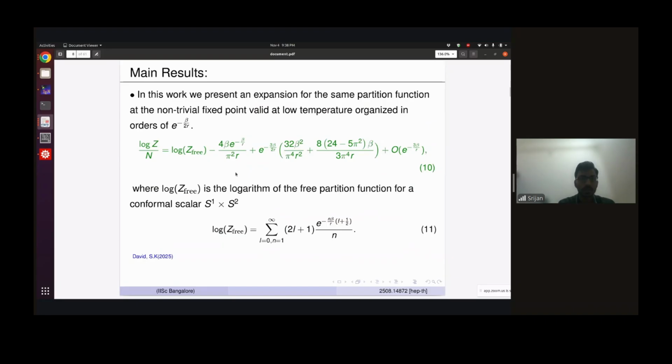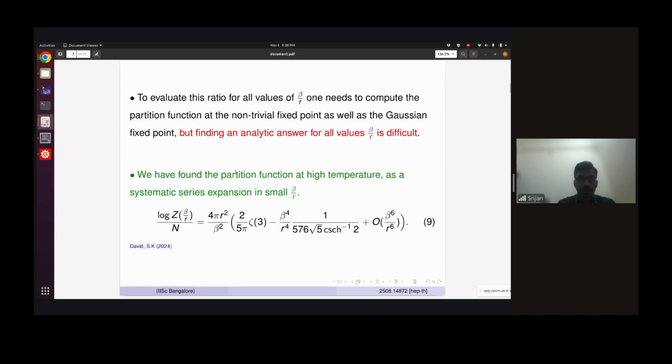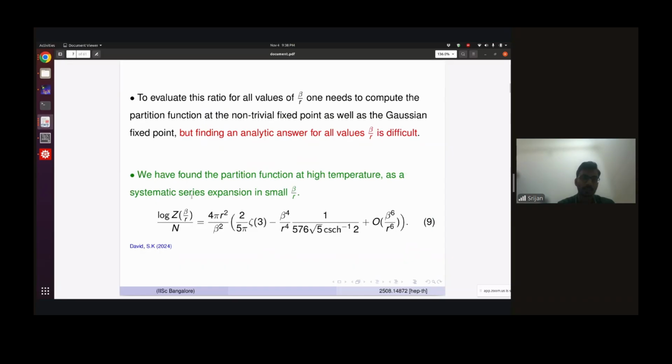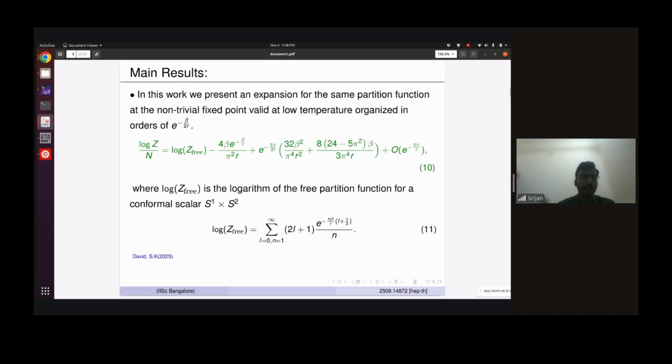Then another thing which we have in our hand, which we obtain in this current work. I should mention that the previous result was obtained in an earlier work from last year. Another point which we have is the low temperature limit.